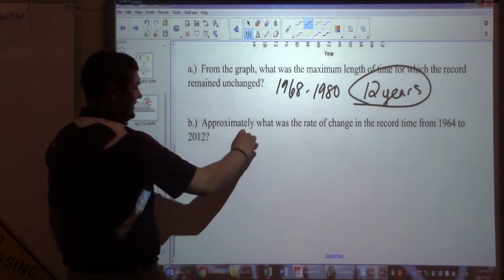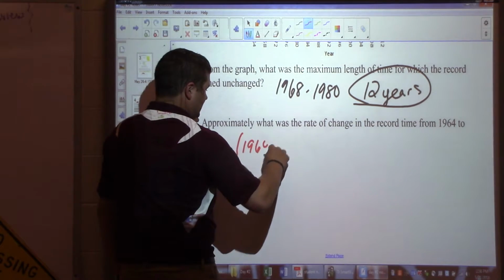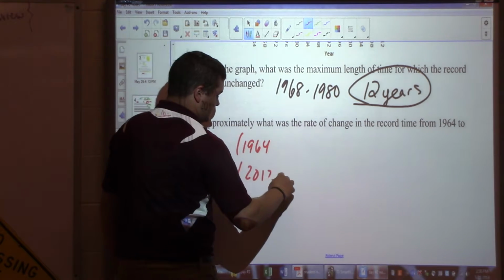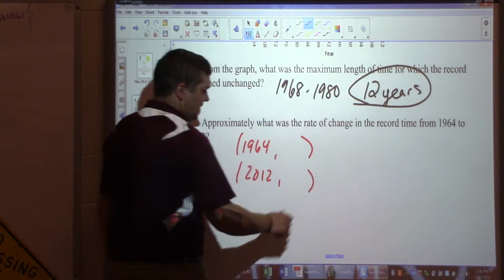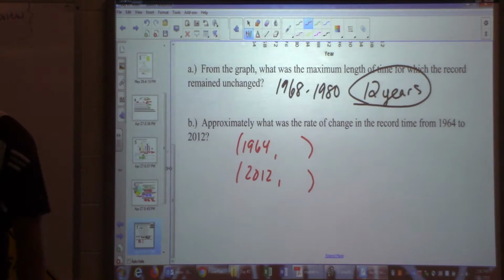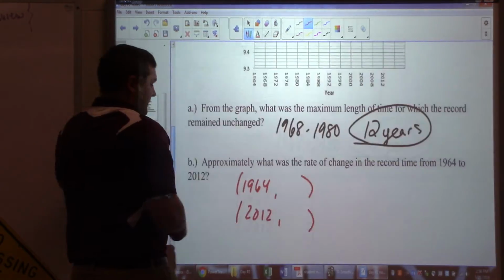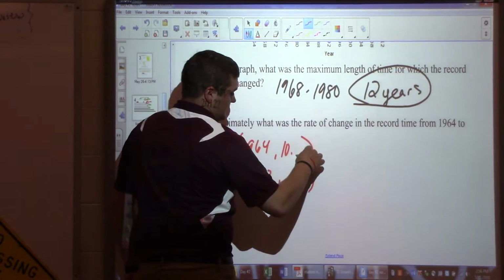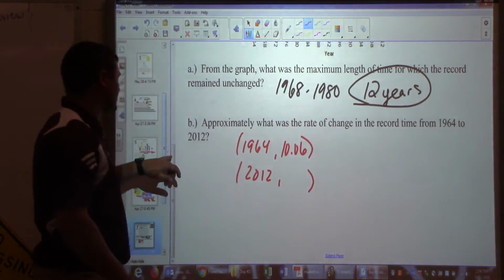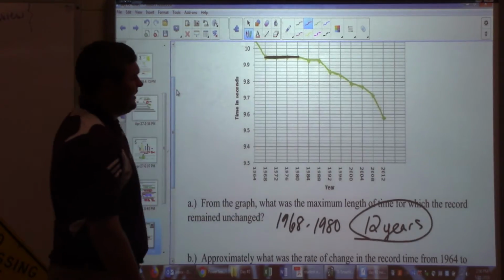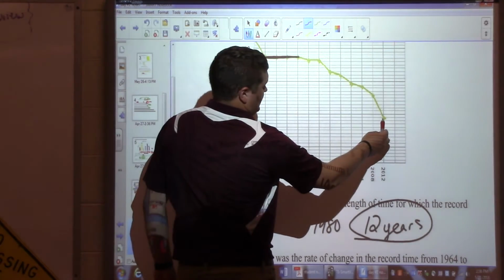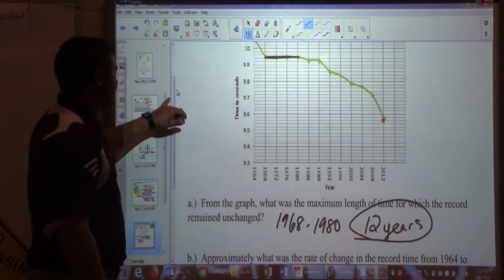So if I want to know from 1964 to 2012, I want to know the slope. Well, I need to know the times first of all. In 1964, record time was 10.06. In 2012, the record time was, it's kind of right between the two, I'm not really sure. I'm going to go with the easier one to do, 9.56.